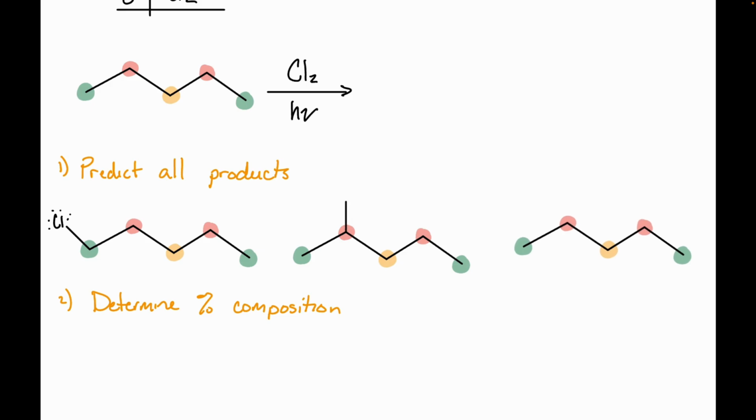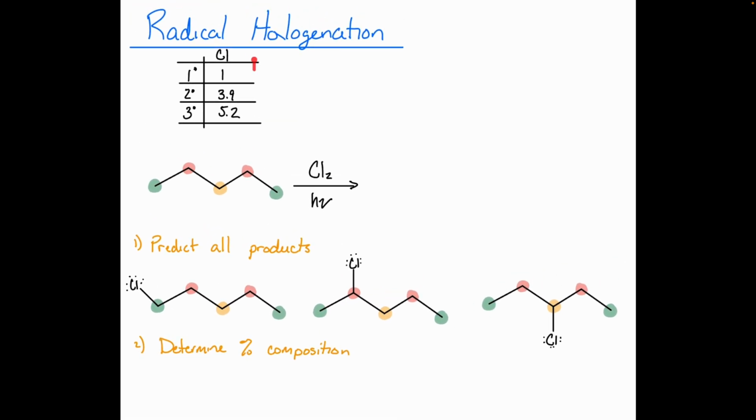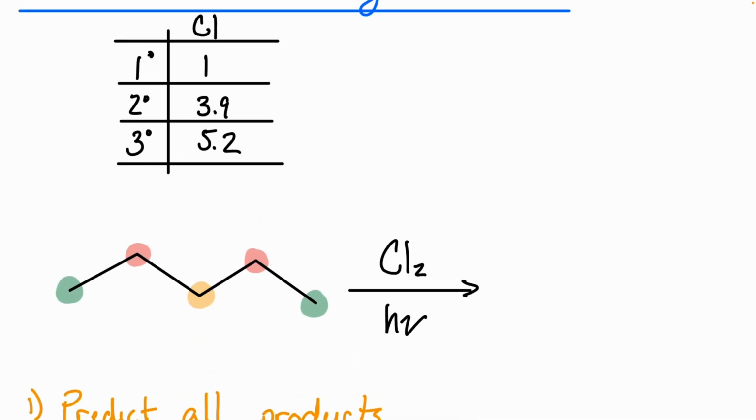All right. And then how are we going to determine our percent composition? As we noted, it's going to depend on our reactivity factors. So we need to figure out what carbon we have here, primary, secondary, or tertiary. Our green ones are what? These are primary carbons.